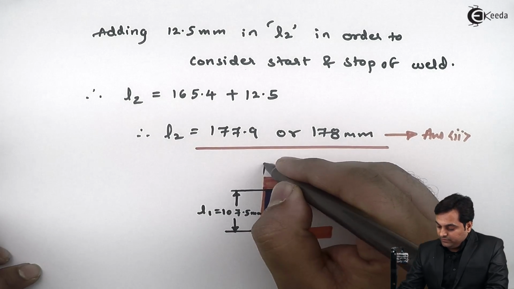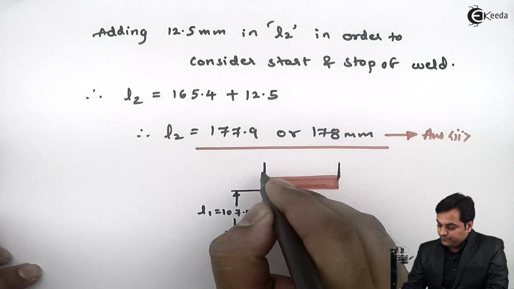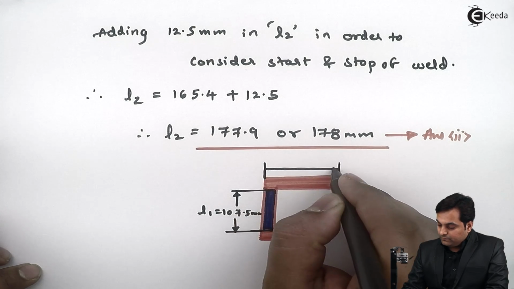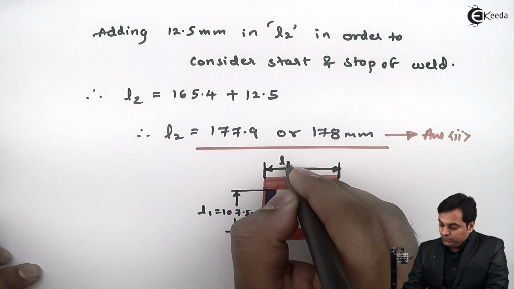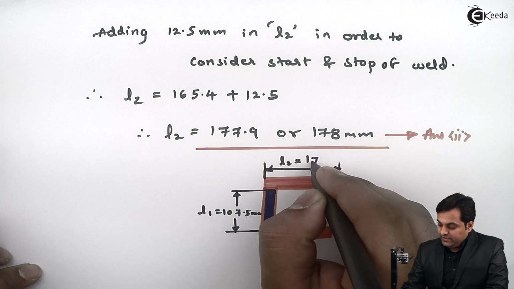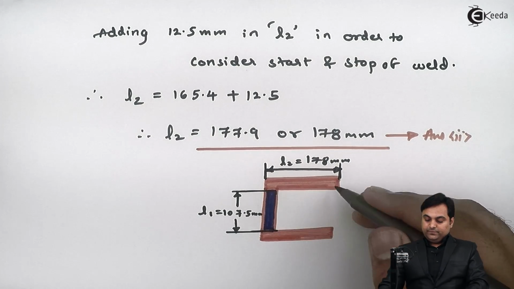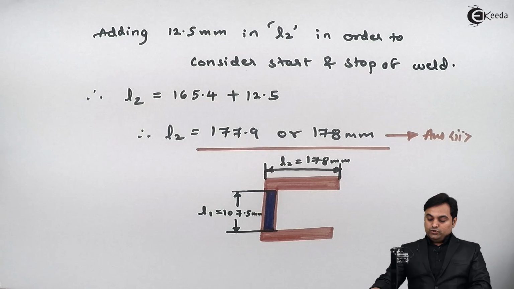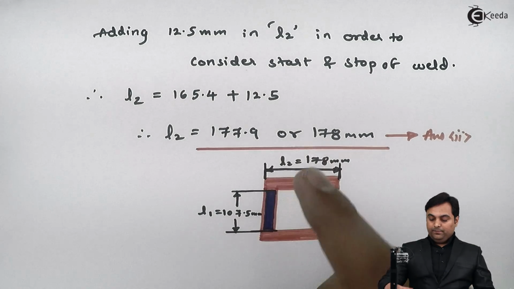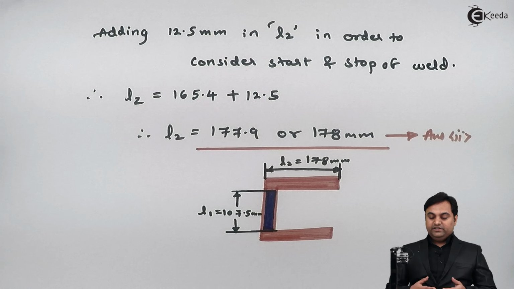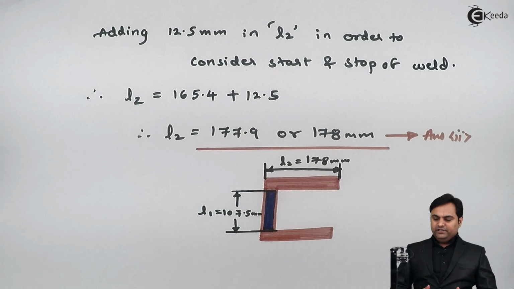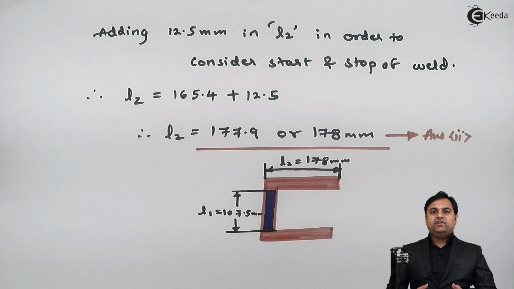Then the length of parallel fillet weld, L2, is equal to 178 mm, and this is the width of the plate, which is 120 mm. So this completes the design of the welded joint, where we have completely designed the joint considering a single transverse fillet weld and double parallel fillet weld, and with this we complete the problem.